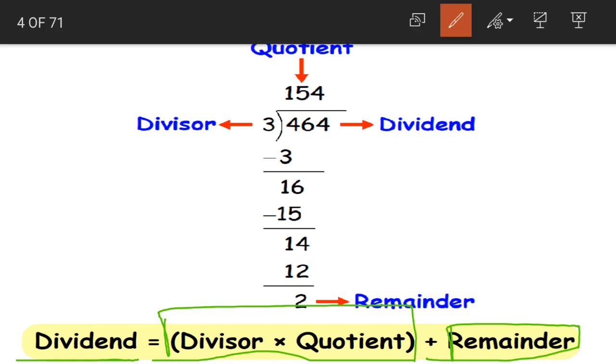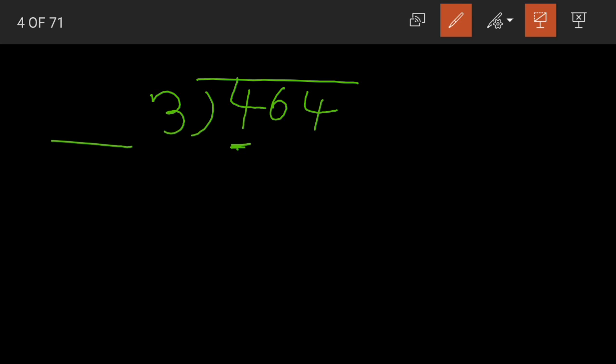Now what do we have here? 464 divided by 3. First, what do we do, children? We start division from left to right. Till now, be it addition or subtraction or multiplication, we always went from right to left.